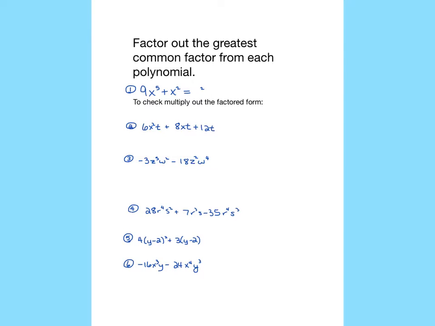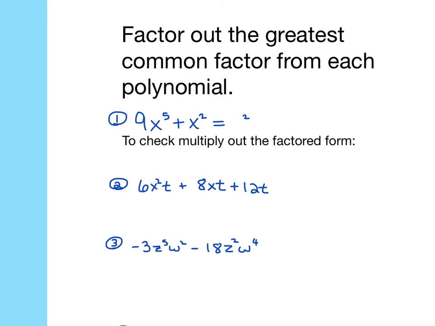Now, yes, I know that I left behind a little square there. What is going to be my greatest common factor between 9x to the 5th power and x squared? X squared. Beautiful. So that's what was there. So I'm going to put x squared there. And now I'm going to divide each of the terms.